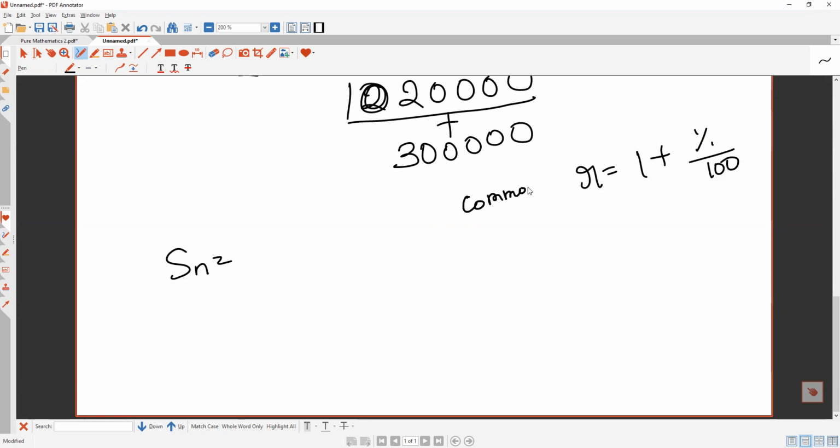Here the percentage is increasing, therefore plus. If the percentage decreases, what will we use? Minus. So 1 plus 5 by 100. How much is it? 1.05? If I'm not wrong, check your calculator.